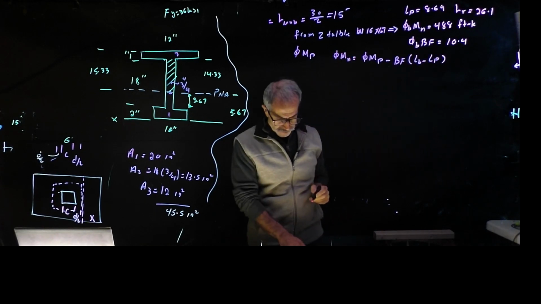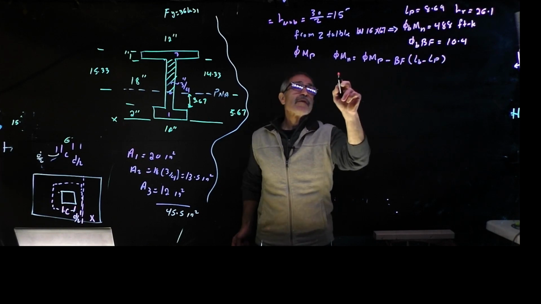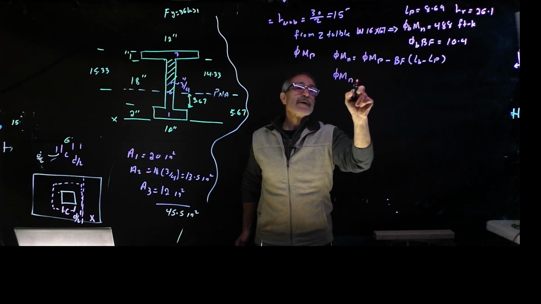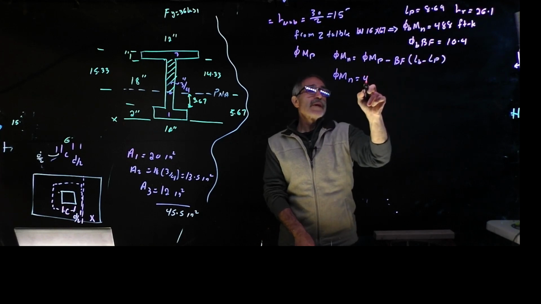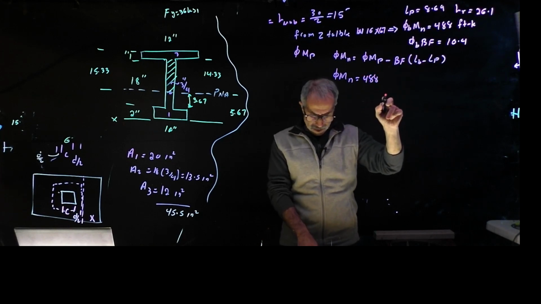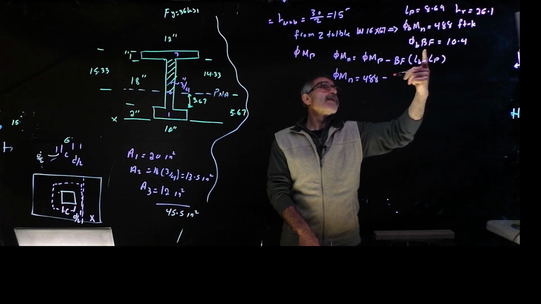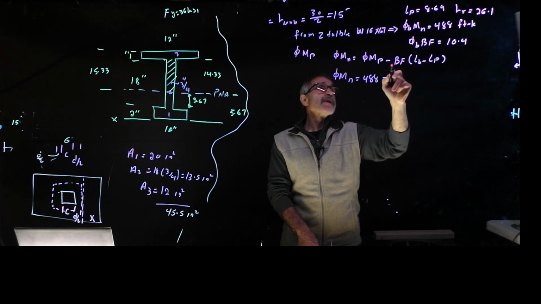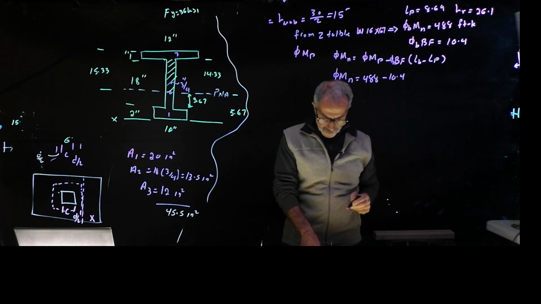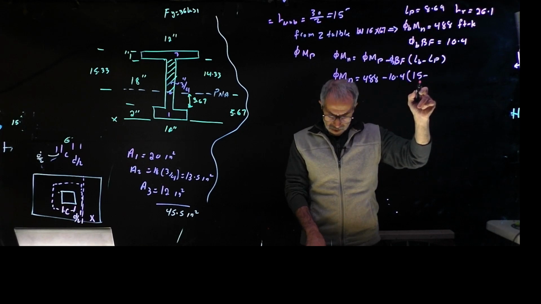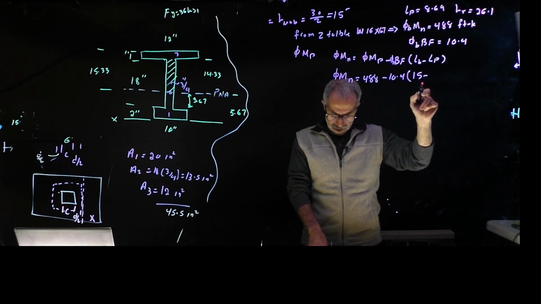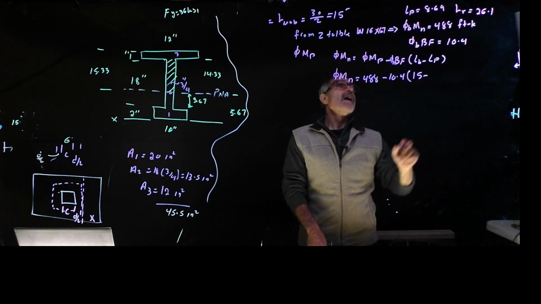Let's plug in. So phi Mn is equal to, the plastic one we just found was 488, minus this one, which came out 10.4, times this, which was 15 minus 8.69.